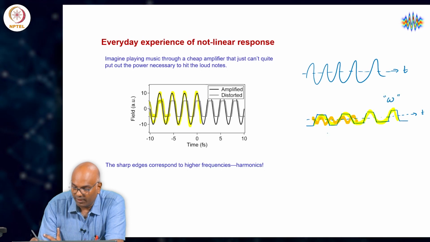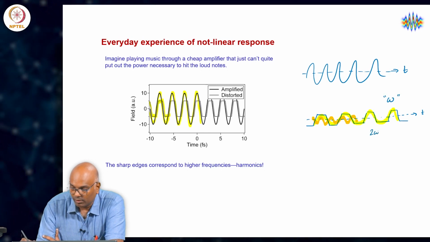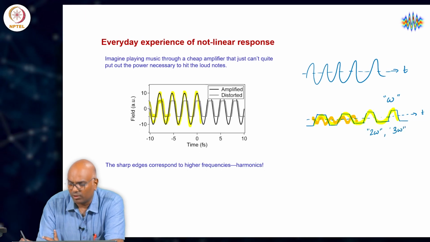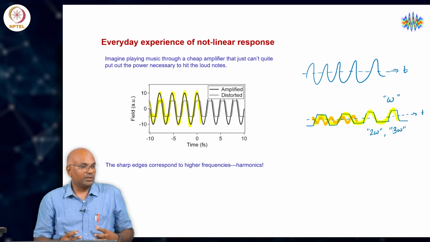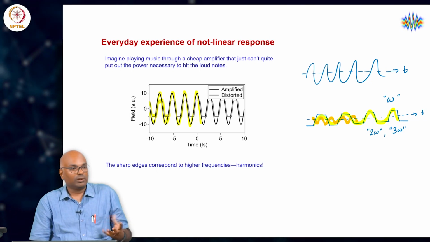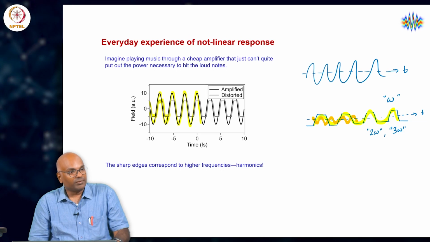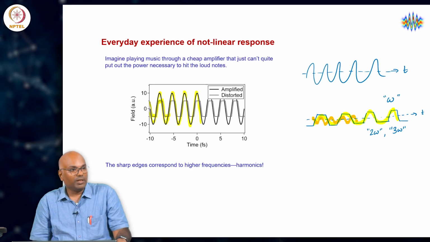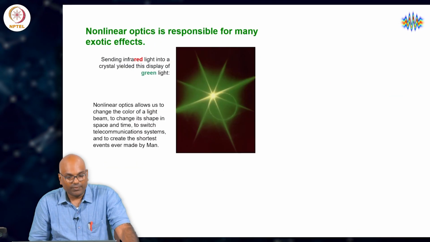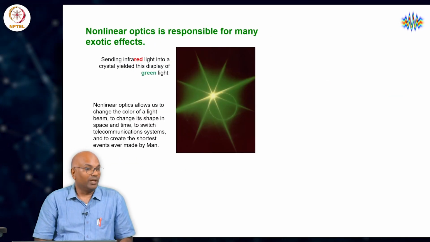So we have a wave at omega, we are forced to consider waves at 2 omega, 3 omega, and so on. I have done nothing in optics in bringing all this up to discussion. All we are saying is, look, you can have these things too. Okay. So that can also be done with light.